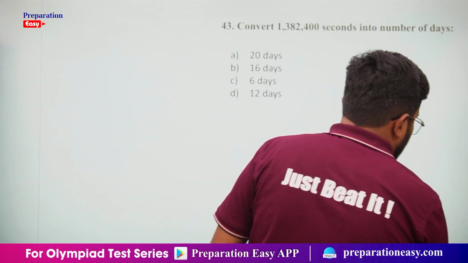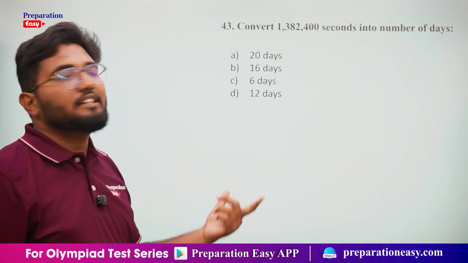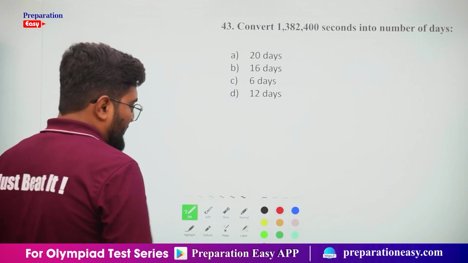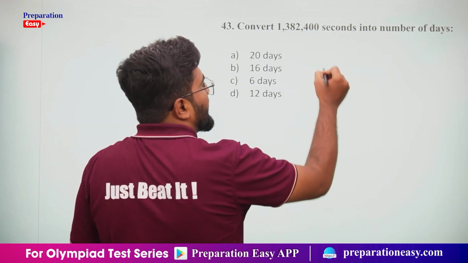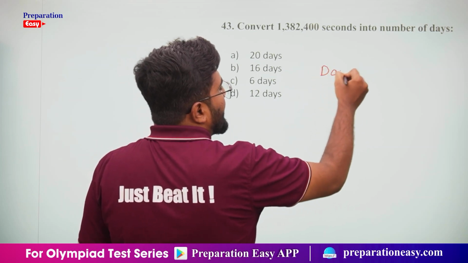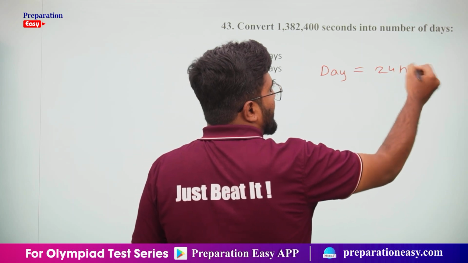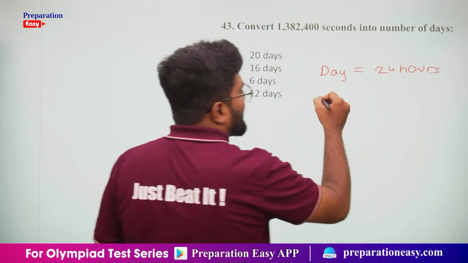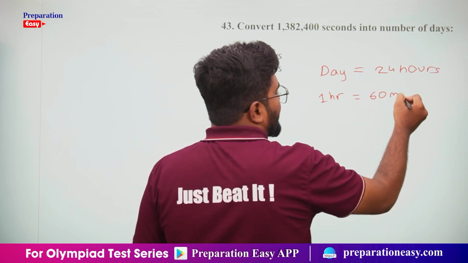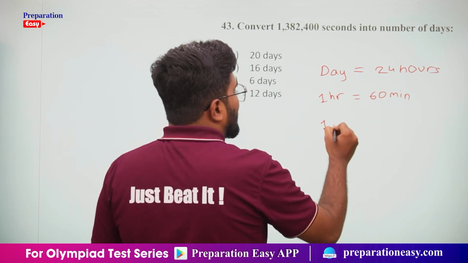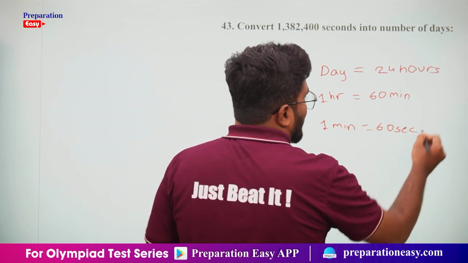Okay, next question. Convert 1382400 seconds into days. Before converting, first I have to convert. 1 day equals 24 hours, 1 hour has 60 minutes, 1 minute has 60 seconds.